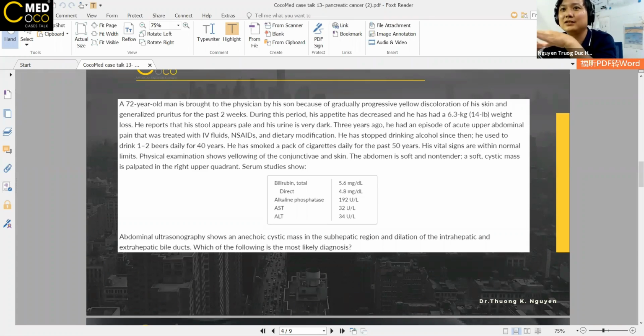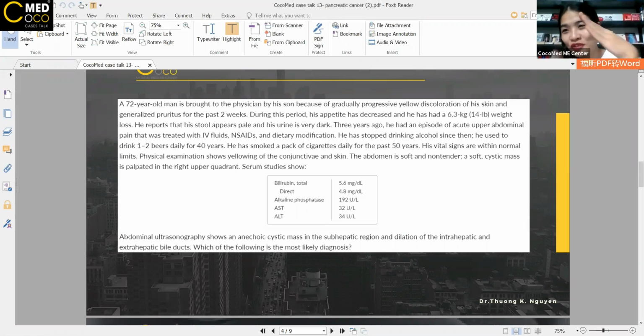Soft, non-tender, and the ultrasound says it is anechoic. Yes, anechoic. So all of them make me think about the gallbladder more than another tumor, because a tumor may be echoic or more solid.